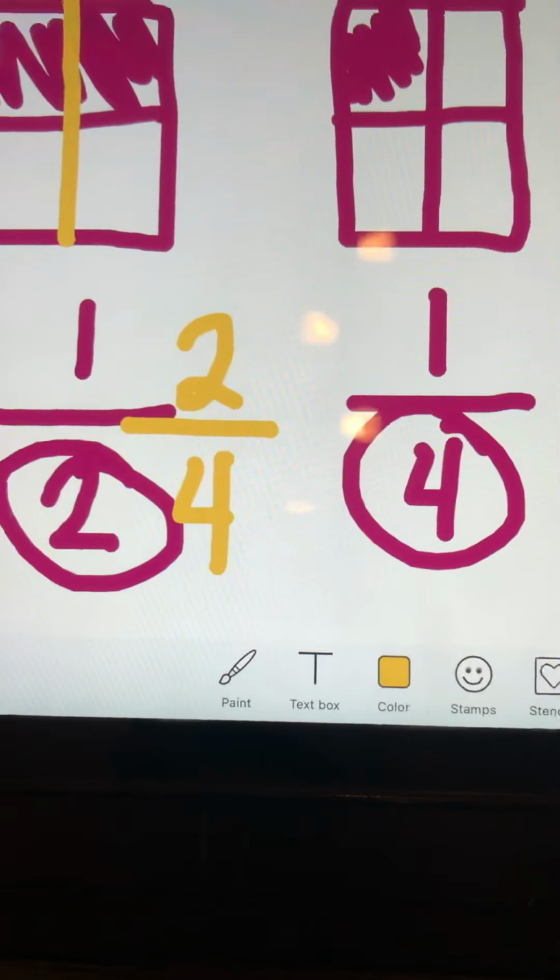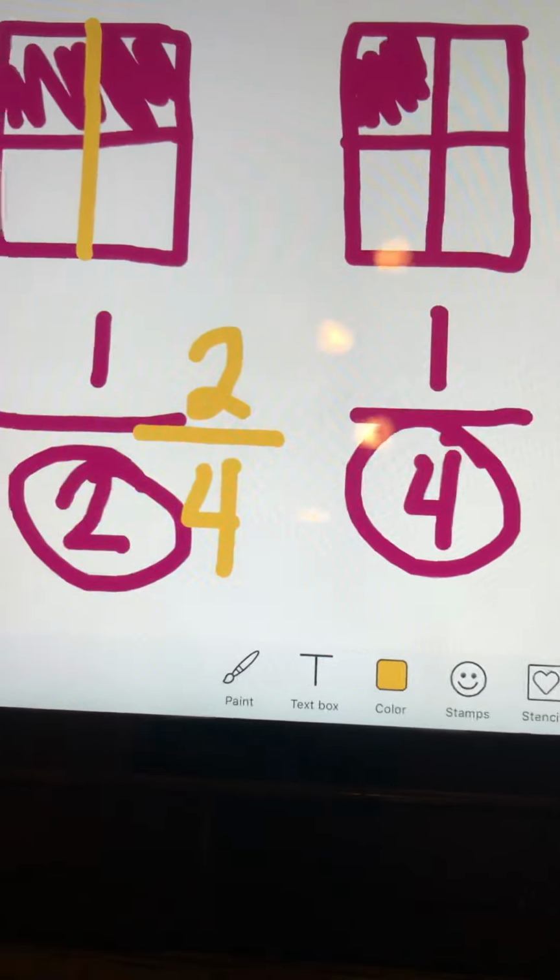So the answer for number 2 would be to list out 2/4 and 1/4. That is how you discover the common denominator.